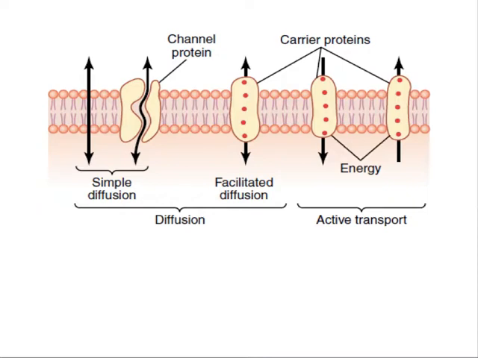Then diffusion could be simple or facilitated, and diffusion can take place through the lipid bilayer, or it can use proteins which are embedded in this bilayer, and these proteins could be simply the channel proteins, or they can be carrier proteins.